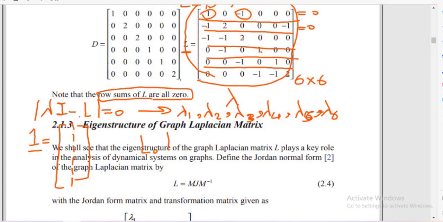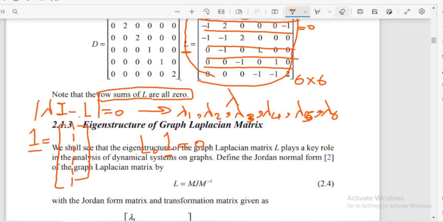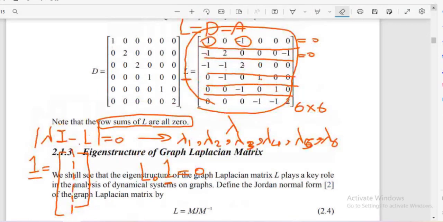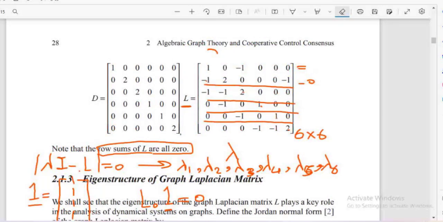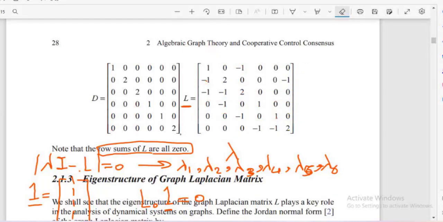L multiplied by vector 1 is equal to 0. Let me erase this matrix to show you. I want to show you this property.